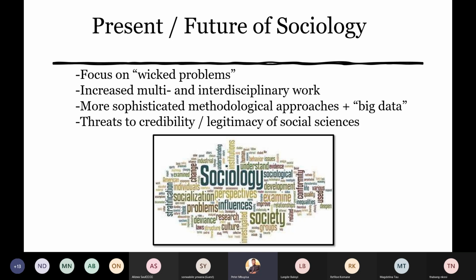And again, we think about the sophisticated methodological approaches that are used, like big data, massive data, like the websites, world statistics, that give you real-time statistics of changes in the world. So as technology advances, it changes how data or information is gathered about the world as a whole, which sort of creates threats to the credibility of sociology because of this excessive technology.